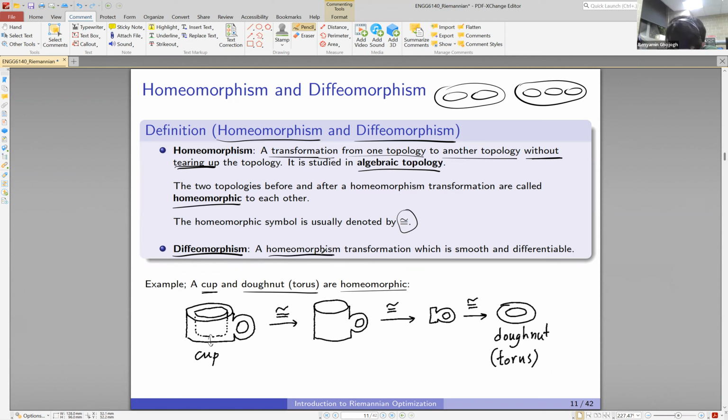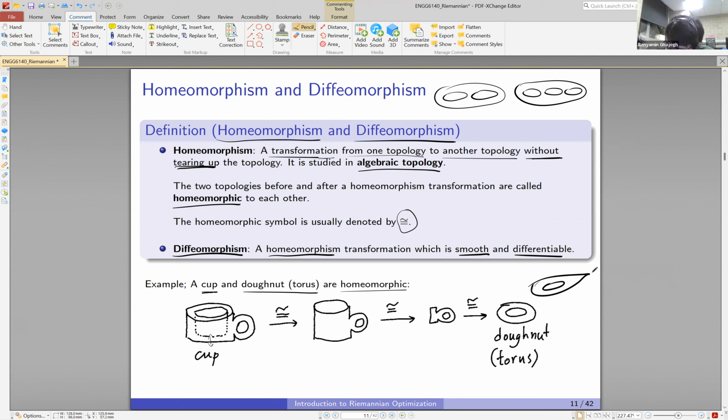Now let's talk about diffeomorphism. Diffeomorphism is a homeomorphism transformation which is smooth and differentiable. So as long as the topology before and after the homeomorphism is smooth and differentiable, so you can take the derivative on every point in the topology, then it's a diffeomorphism. For example, consider this.